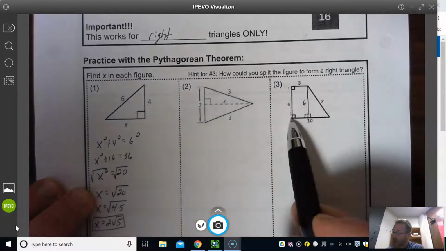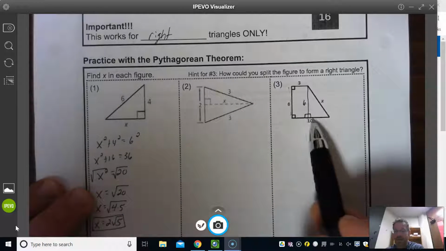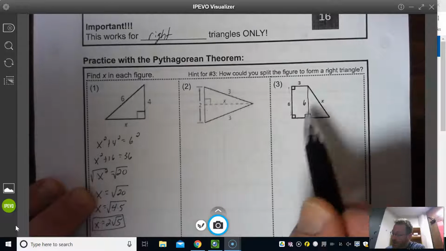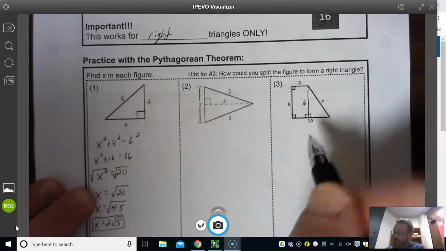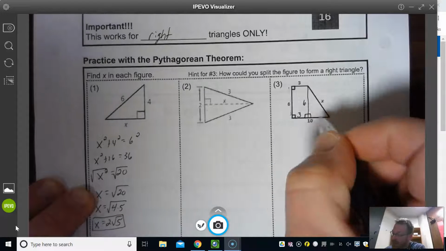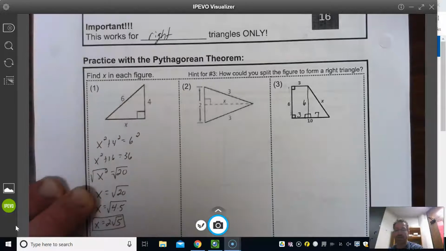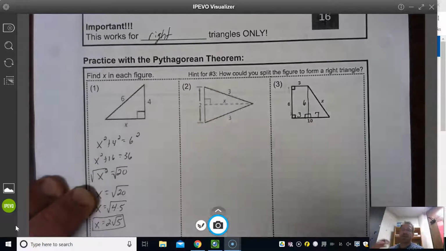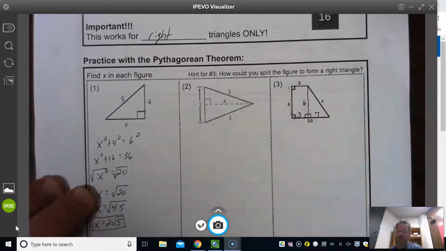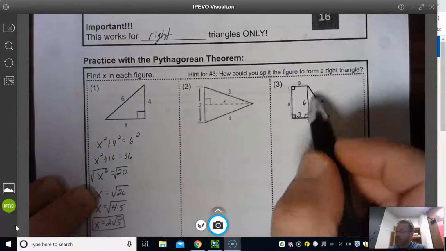Now notice this entire length here is 10. Once again, this length and this length would be the same, so that means this piece would be 3, meaning that this piece here would have to be 7, so that the entire thing is 10. So sometimes I need to go through the problem, draw in some segments, think about the pieces and the whole, and then create a triangle.